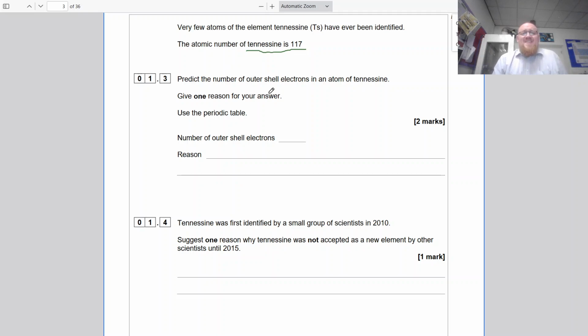So we can see that this is in group 7. So if we looked at the periodic table, we'd see it is in group 7. So because it's in group 7, that tells us our number of outer shell electrons. And indeed, that is the reason, because it is in group 7.